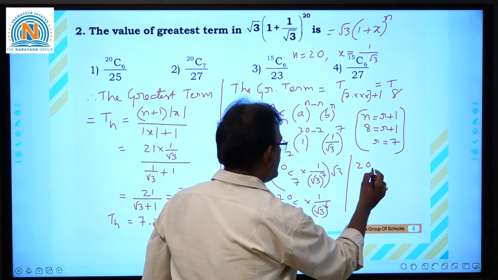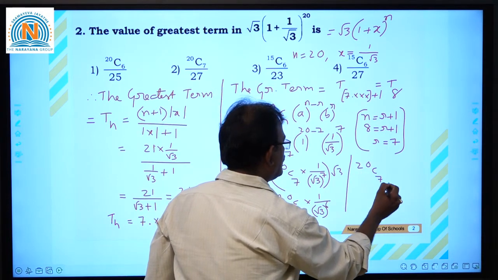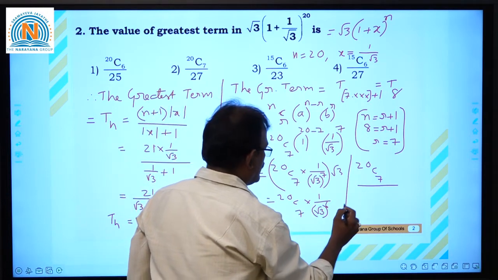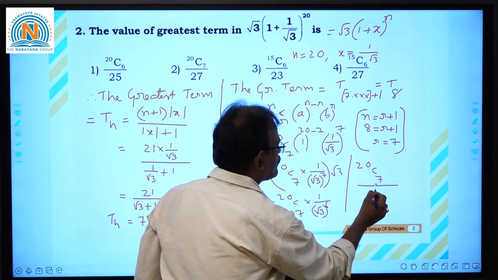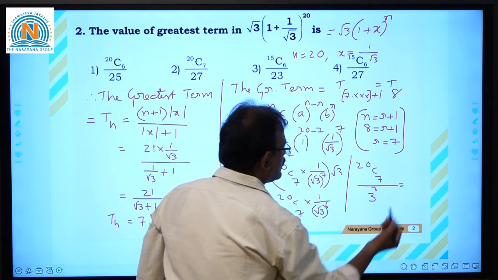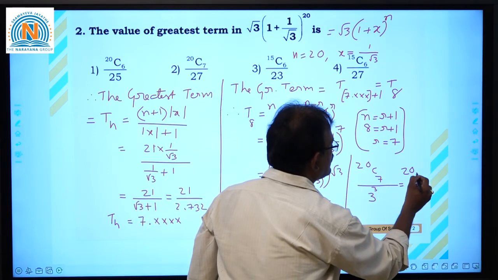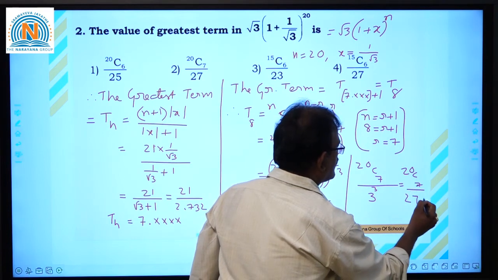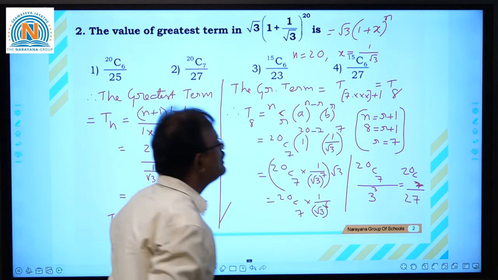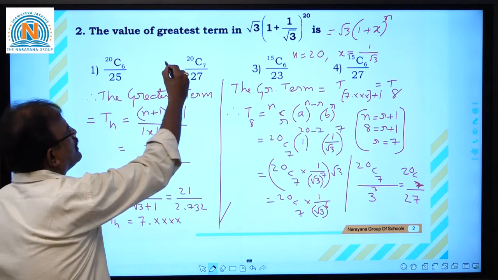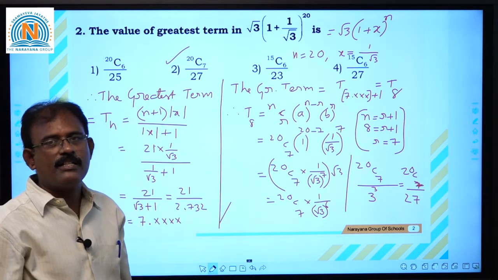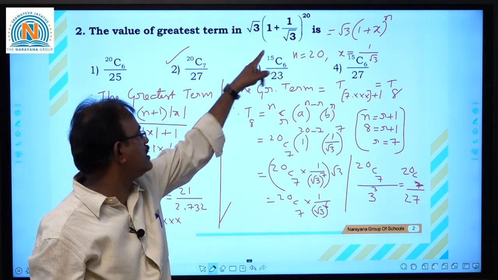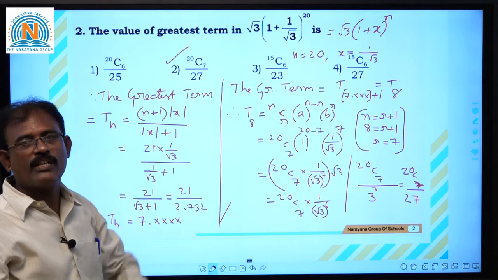Then 20C7 by root 3 whole power 6 times means this is 3 times. Then this is 20C7 by 27. So this is the greatest term. It is given in the second option, children. So the value of the greatest term in this expansion is 20C7 by 27, children.